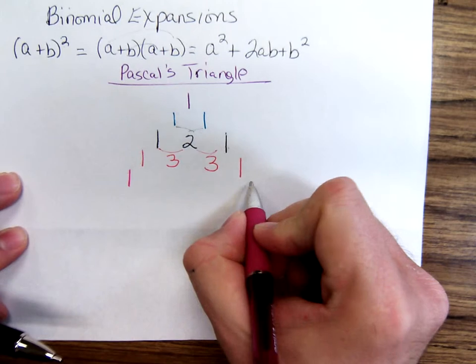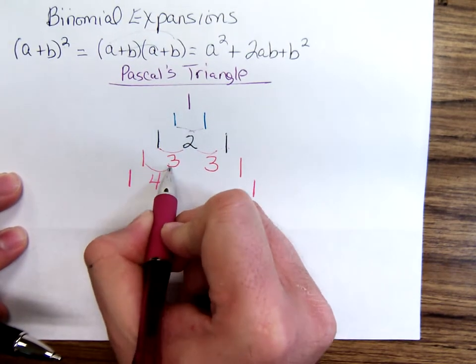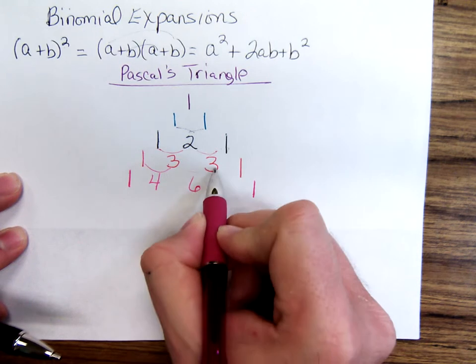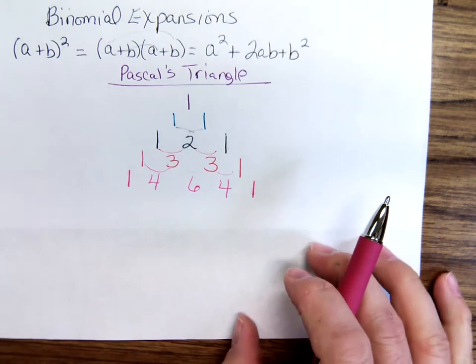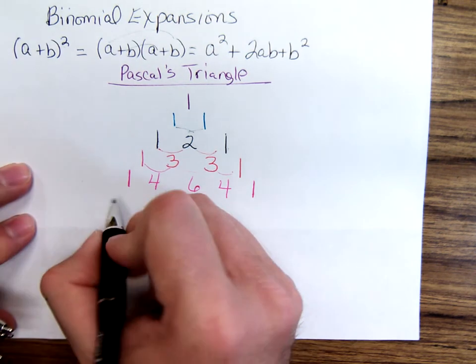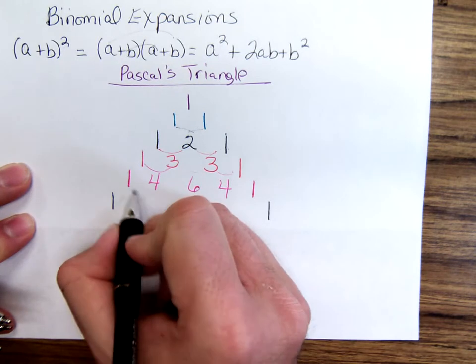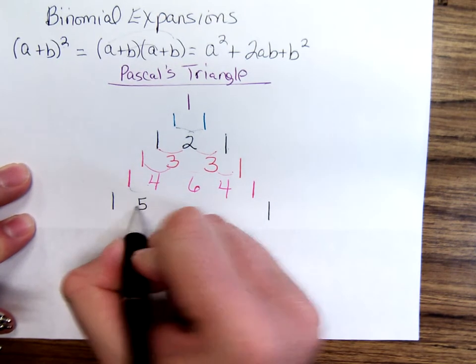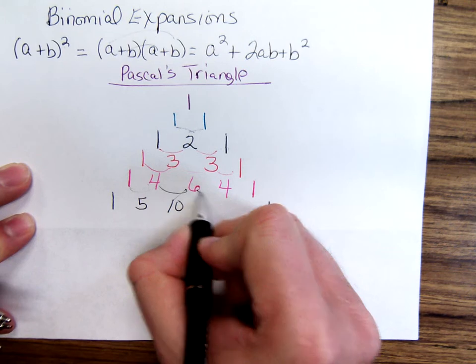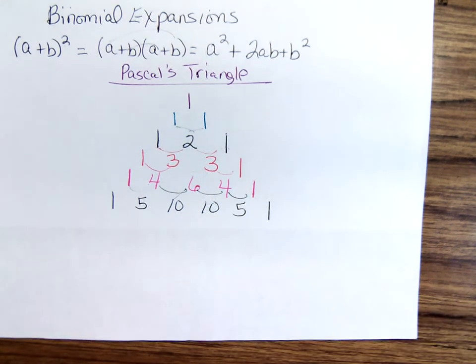The next row begins and ends with 1, and adding the numbers above gives 4, 6, 4. The next row begins and ends with 1, so 5, 10, 10, 5, 1.